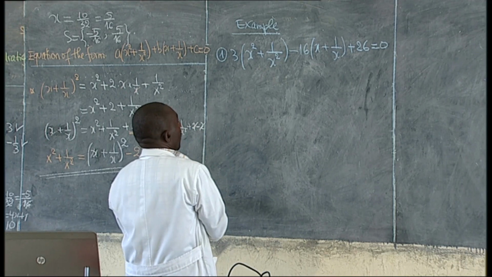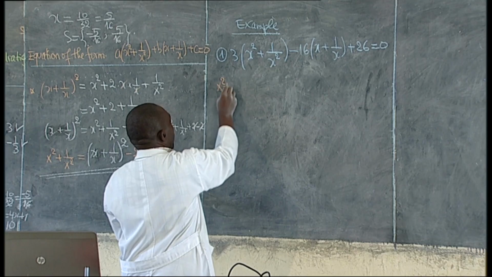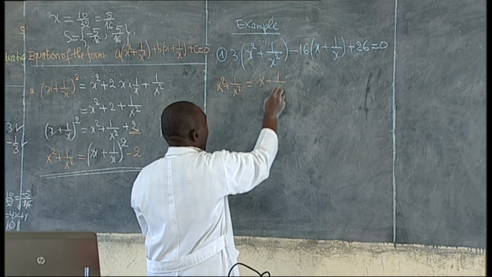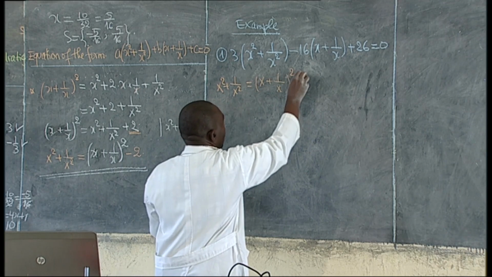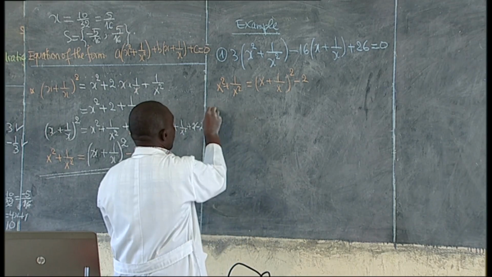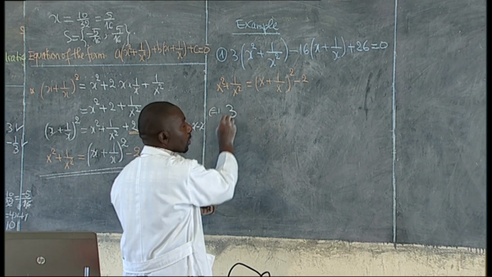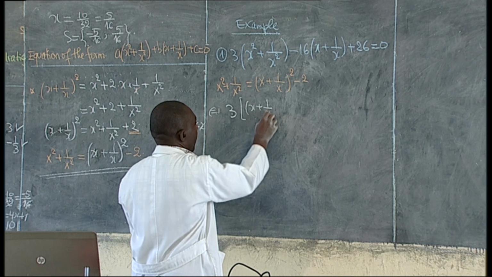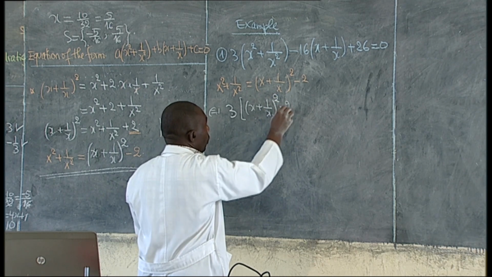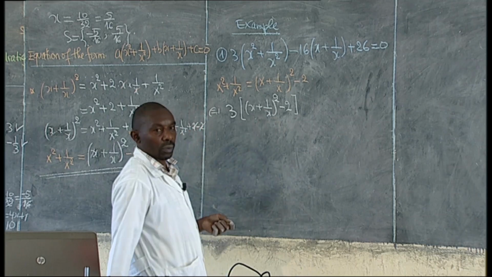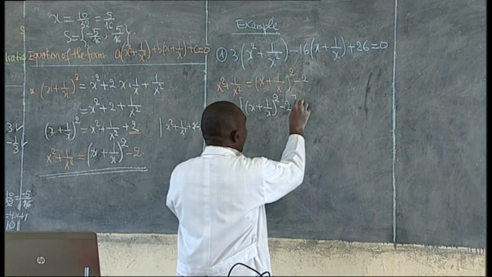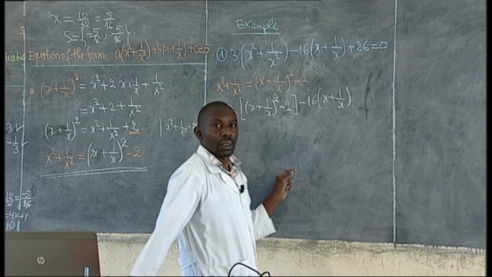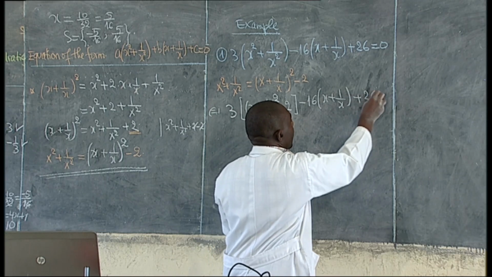So as you know, x squared plus 1 divided by x squared is equal to (x plus 1 divided by x) squared, then minus 2. Means that my equation can be written like 3 times ((x plus 1 divided by x) squared minus 2), are we together? Minus 16 times (x plus 1 divided by x) plus 26 equals 0.